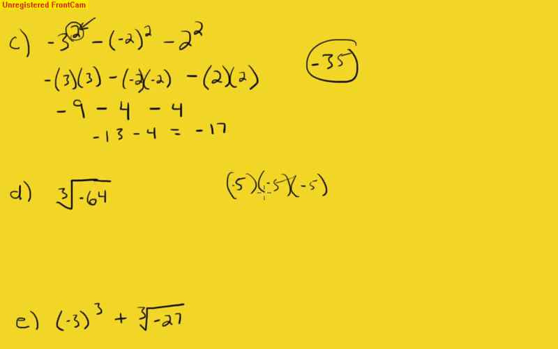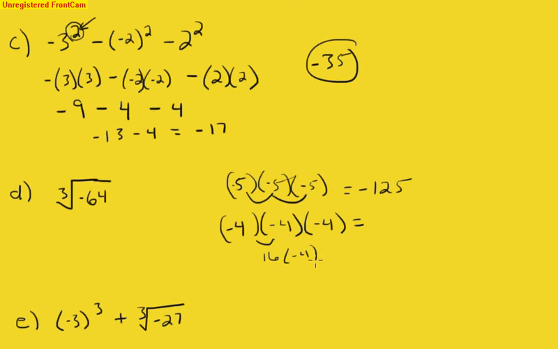Negative 5 times negative 5 times negative 5 is negative 25 times 5, which would be negative 125. Well, 2 was too low and 5 was too high, so let's try 4. Negative 4 times negative 4 is 16, and 16 times negative 4 is negative 64. So our answer is negative 4.